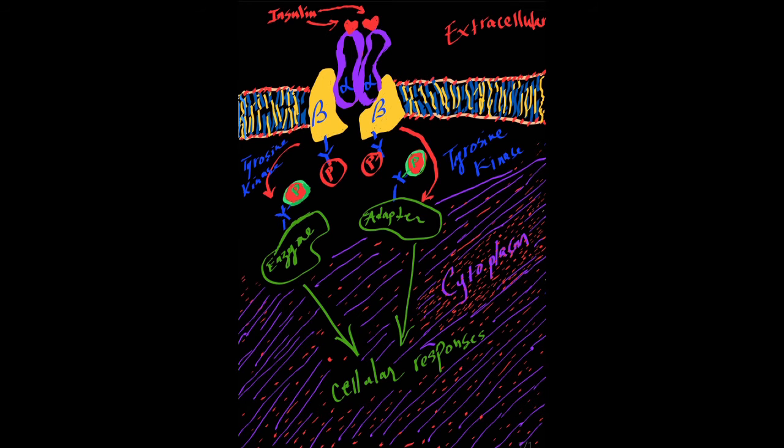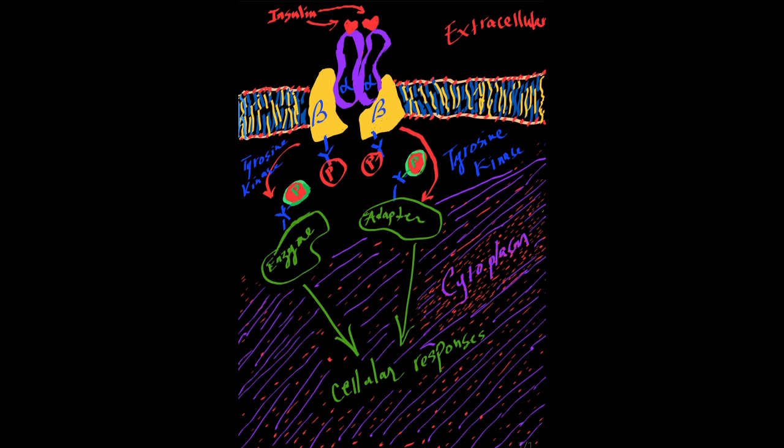The tyrosine kinase then can phosphorylate other intracellular proteins on tyrosine residues, changing their activity. Some enzymes may be activating, inhibiting, some changing the way they associate with other proteins, and so on. But the key thing is you activate once the insulin binds to its receptor.